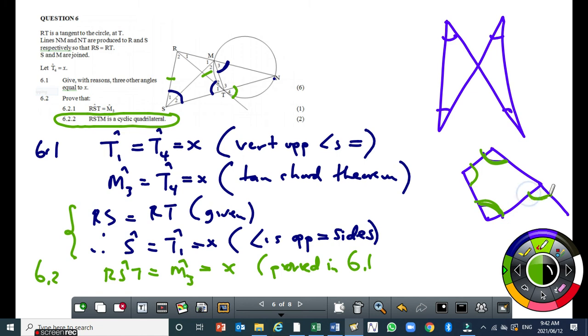Also, if an exterior angle of the quad is equal to an interior opposite angle, then you can say the quad is cyclic. Okay? So here, if you can prove that that one is equal to that, then you can say therefore the quad is cyclic. If you can prove that this angle here and that one there add up to 180, then you can say the quad is cyclic.